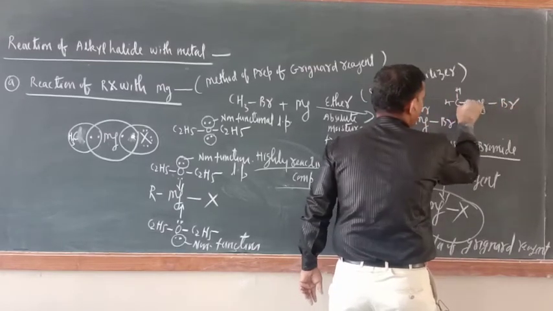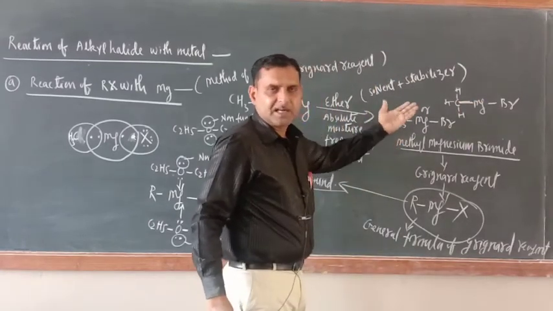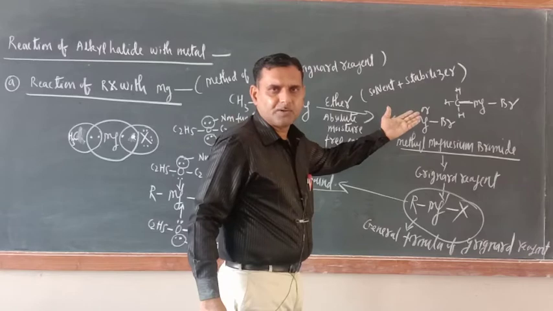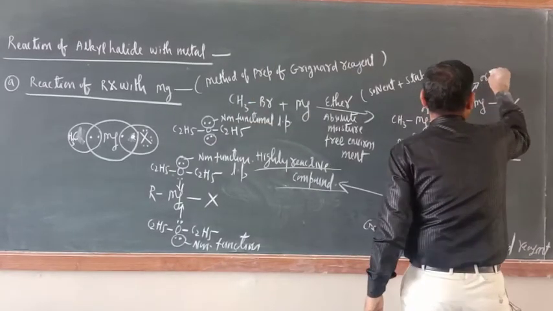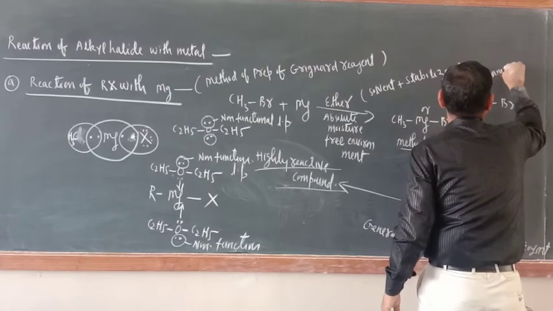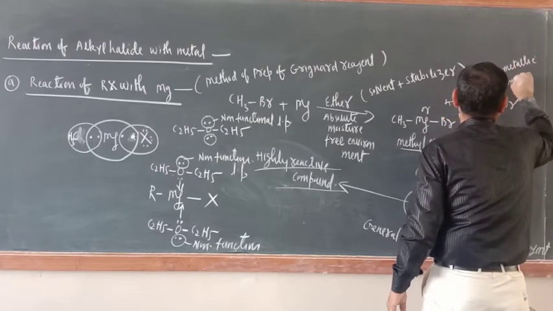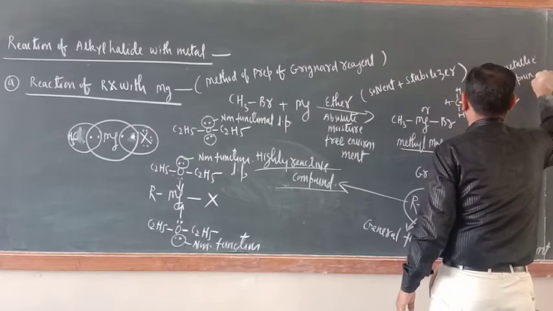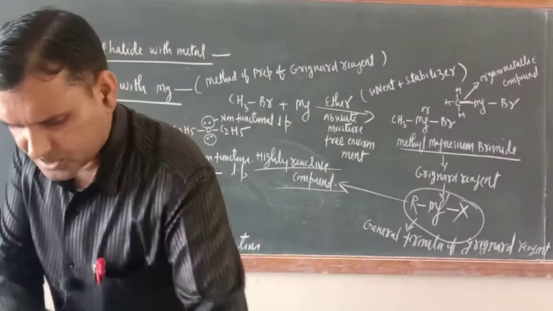So there is a direct bonding between carbon and magnesium. Magnesium is a metal, that is why it is an organometallic compound.